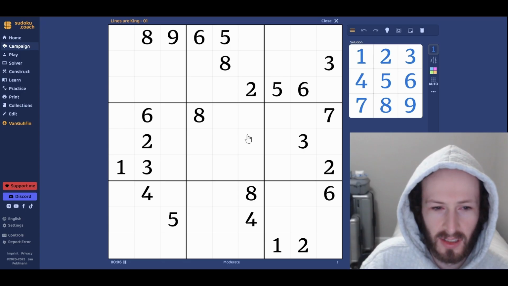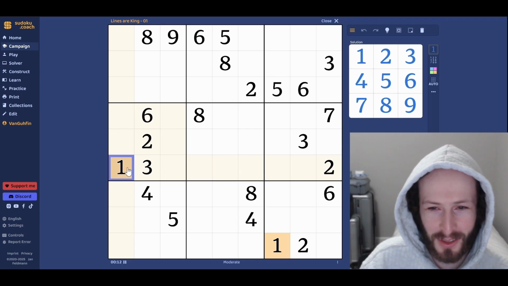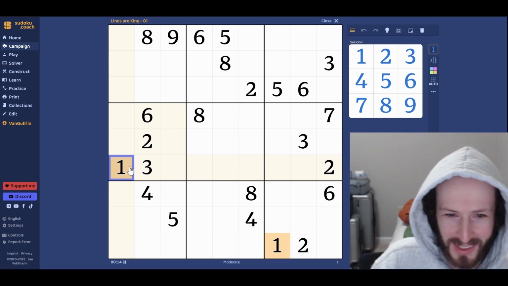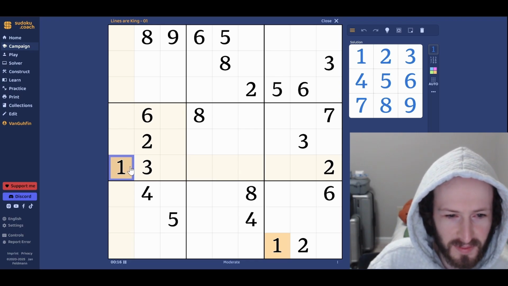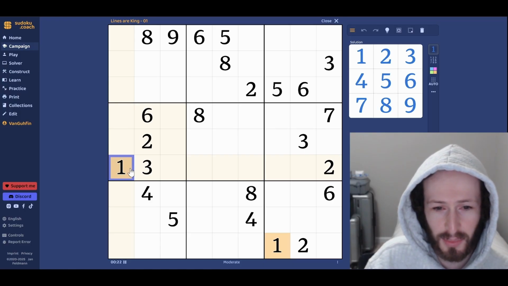What I always like to do is go through the numbers 1 through 9. Just easier to do my rotations that way. So there are only 2 ones currently on this board.